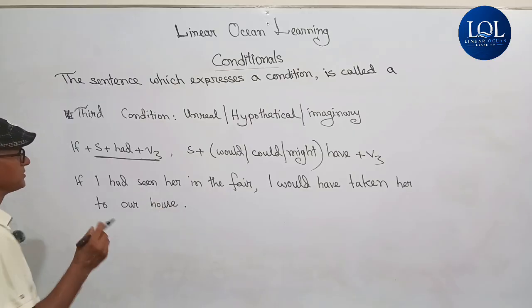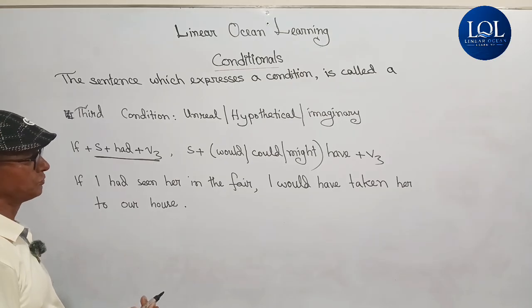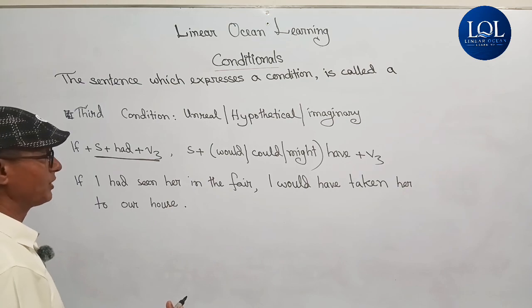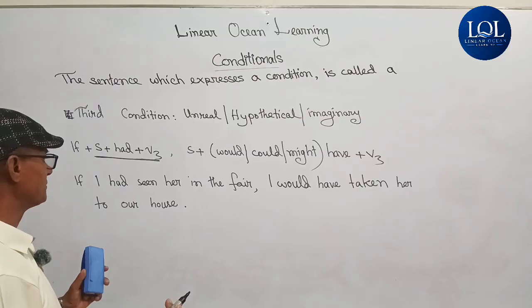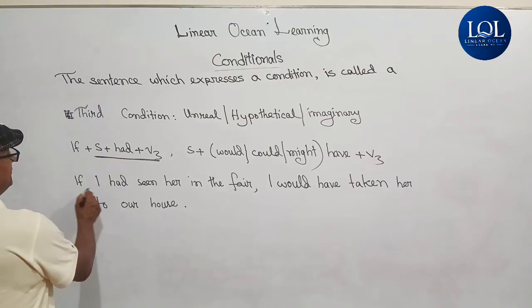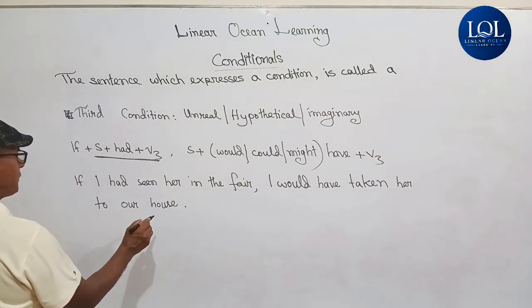This condition tells us I went to the fair, she too went to the fair, and we were supposed to meet with each other, but it didn't happen. In that case, if I had seen her in the fair, I would have taken her to our house.